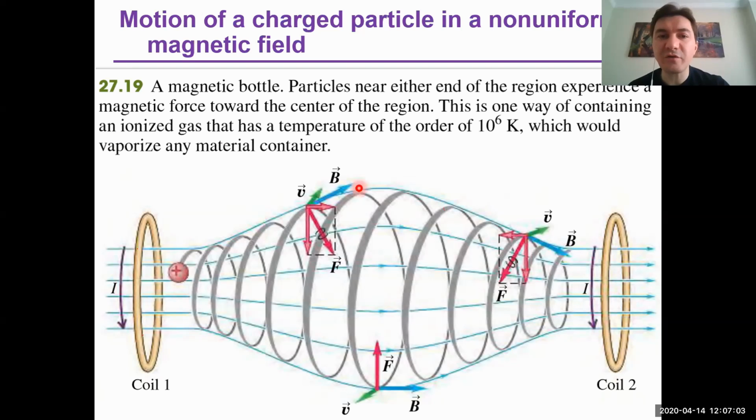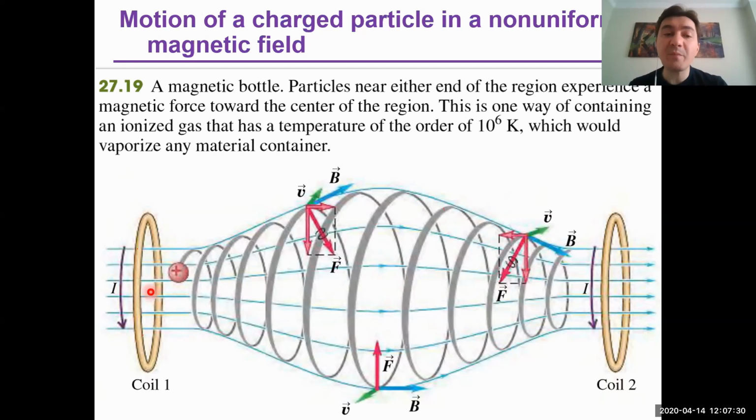due to non-uniform B here. So this is the direction of B here, direction of the B here, direction of the B here. But the magnetic force acting on that positive charged particle is always into that region, here along that direction, here along that direction, here along that direction.